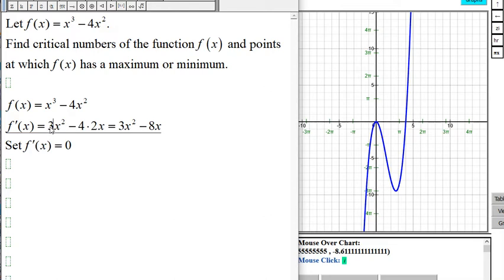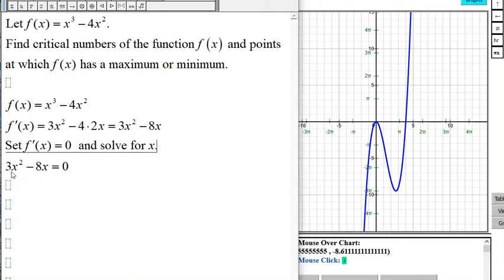And next, set the derivative equal to 0. So we have this right here. This is the derivative, and this is equal to 0. And then solve for x, if possible.